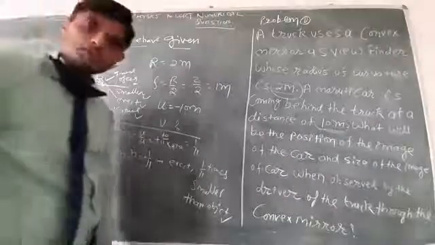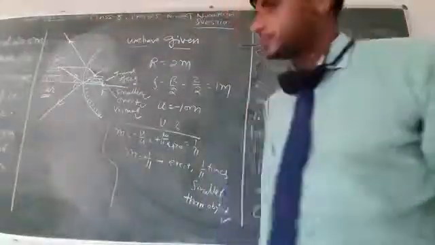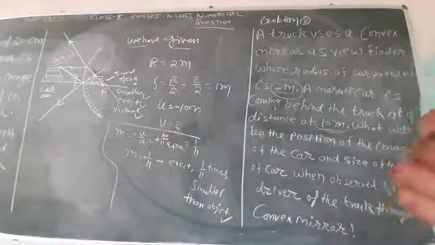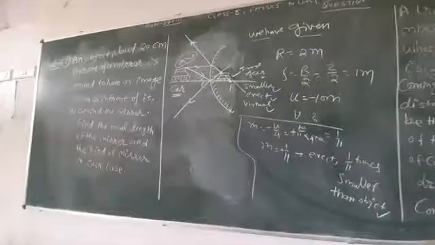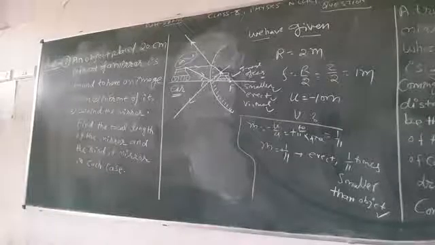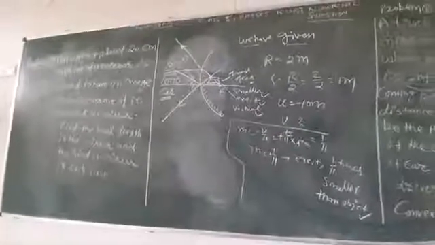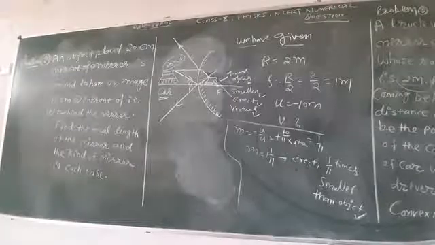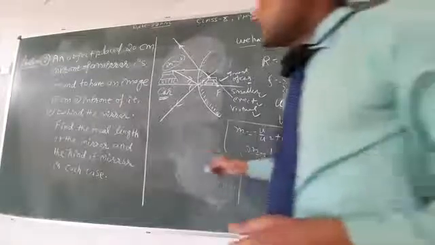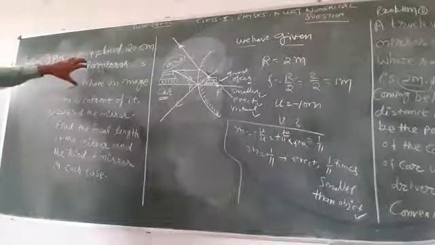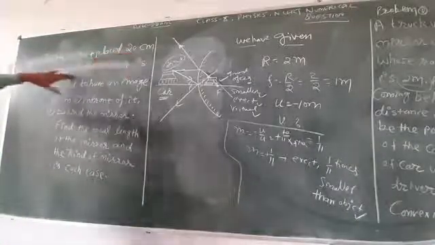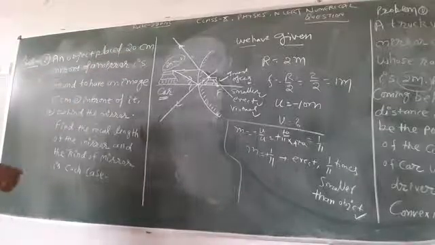So now I am going to explain the second question given on the board. As you can see, this is the second question. An object placed 20 centimeter in front of a mirror.